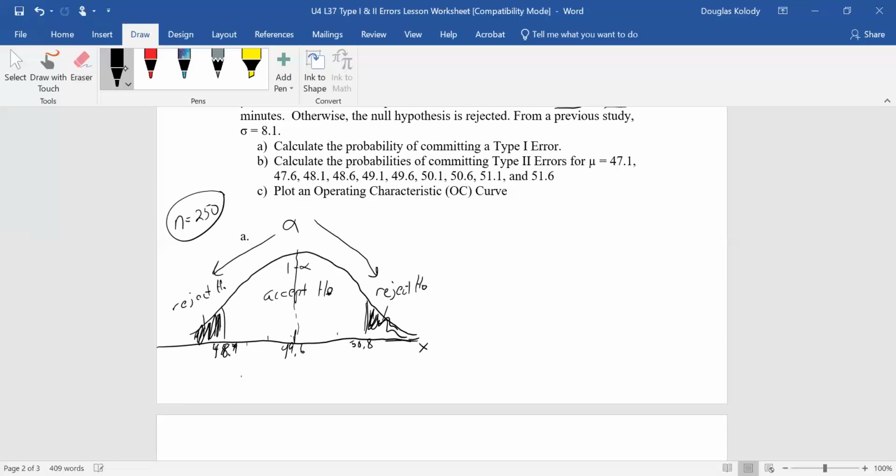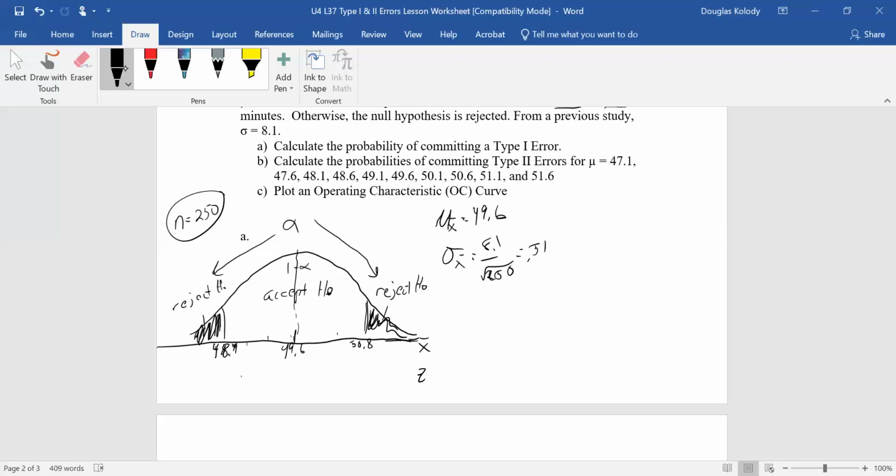We need to turn these raw scores into z-scores. And how do we do that? By using the central limit theorem. The mean of the sampling distribution is 49.6 minutes. The standard error is going to be the standard deviation, which is 8.1, over the square root of 250. And that gives me an answer. Actually, 8.1 over root 250 is about 0.51. All right, but let's just turn these into z-scores here.